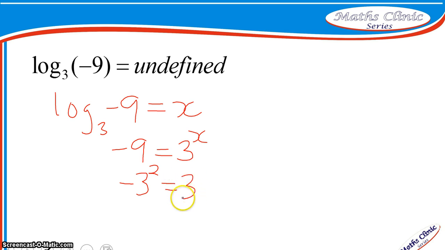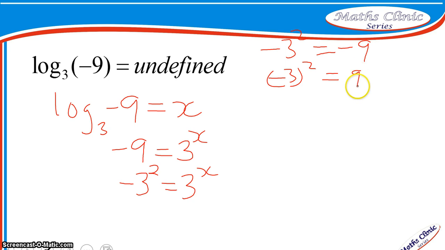Don't forget that. Let me clarify myself before you take me on. I said negative 3 squared is equal to negative 9, not positive 9, unless I write negative 3 all squared, then that will give me positive 9. It's an error to say this is going to give us 9.